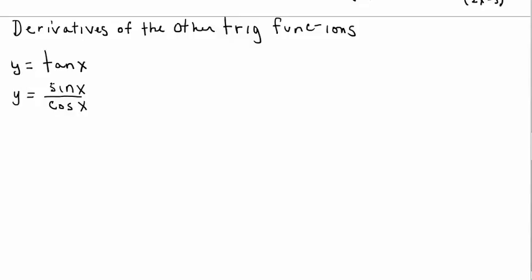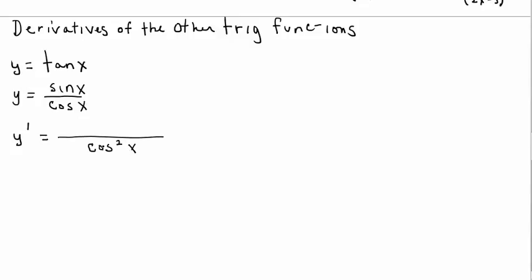Oh, I have a quotient. Let me use the quotient rule. y prime equals the denominator squared. Usually when we write it down with the power, we put the square on the trig function like that. So the denominator times the derivative of sine, which is cosine. I'm going to avoid writing it all out to save time.